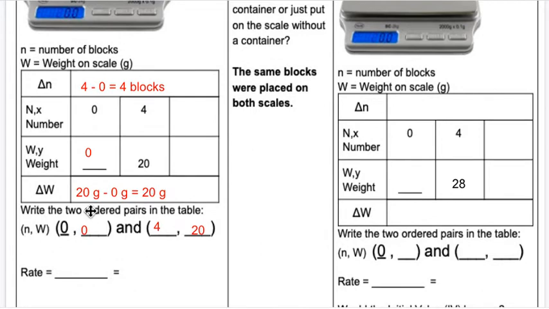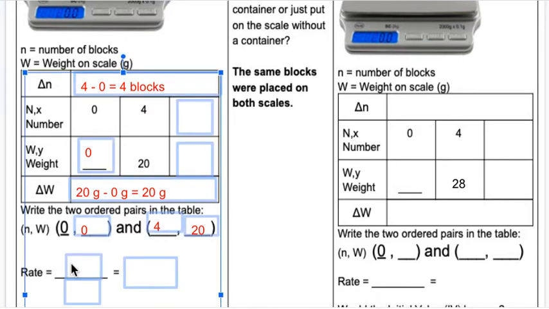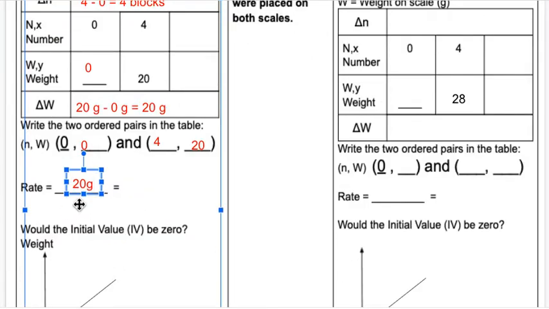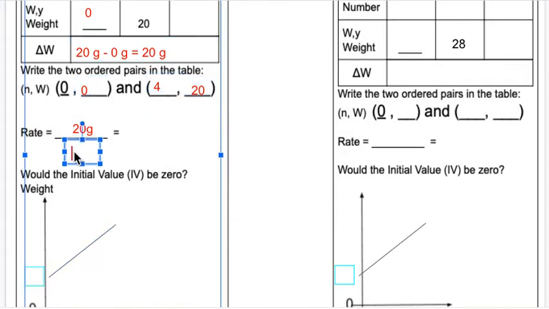Now, how do we get rate? Rate is rise over run, or delta y over delta x. So it's going to be in grams per block. I'm going to take the change in weight, which is 20, and the change in blocks, which is 4. So on the top, it's changed by 20 grams, and that's an increase of 4 blocks.